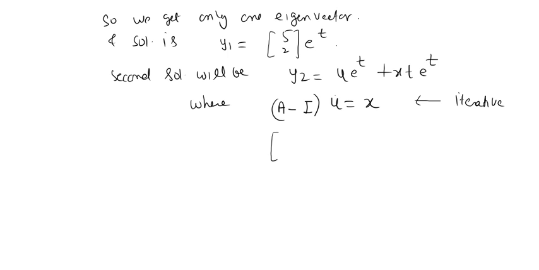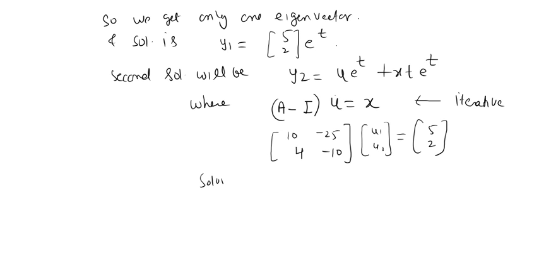Now I am again writing this A minus I, 4, minus 10. Let us say u is u1, u2, and x equal to 5, 2. So now you have a non-homogeneous system, equal to 5, 2, not 0, 0.